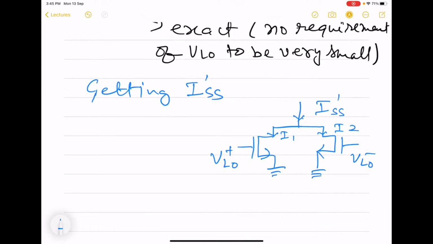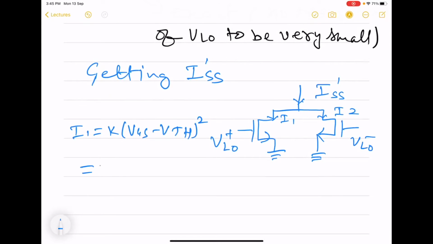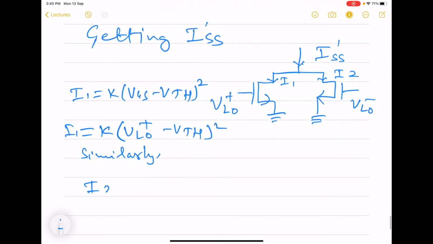I1 we know is K into VGS minus VTH whole square of this form, and here VGS is VLO plus. Similarly, I2 is K into VLO minus VTH whole square.